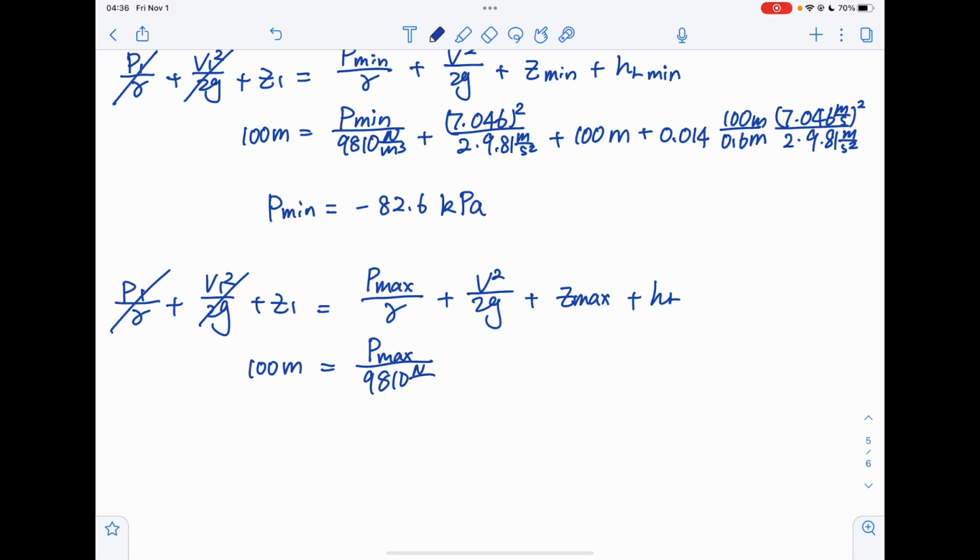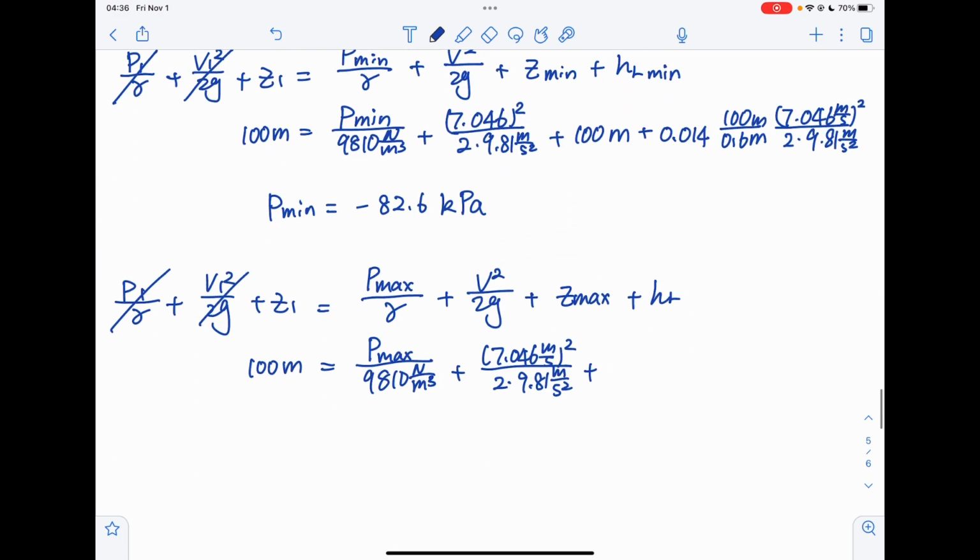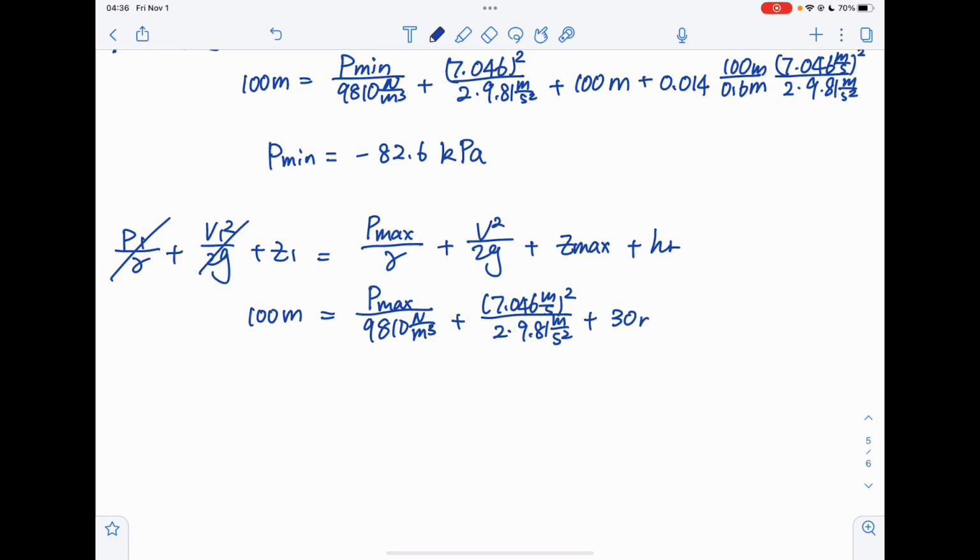P maximum over gamma, in Newton per cubic meter, plus the velocity head. And for z maximum, the elevation is only 30. And plus the head losses, for this case the length will be 500 meters, times the velocity head.